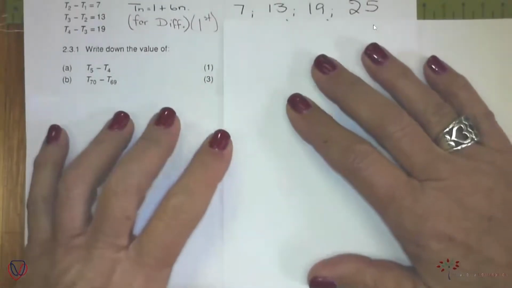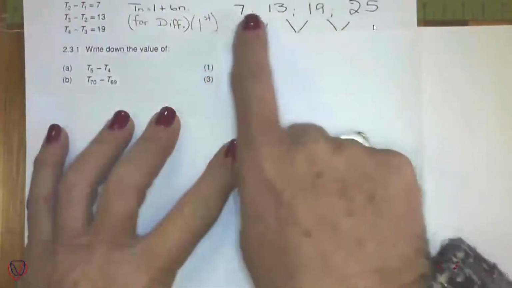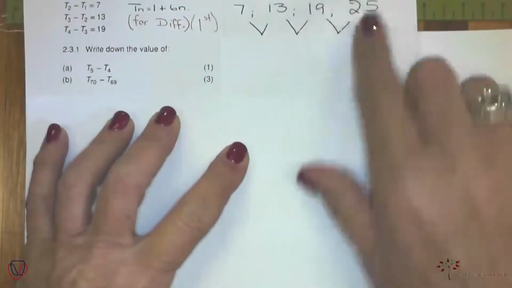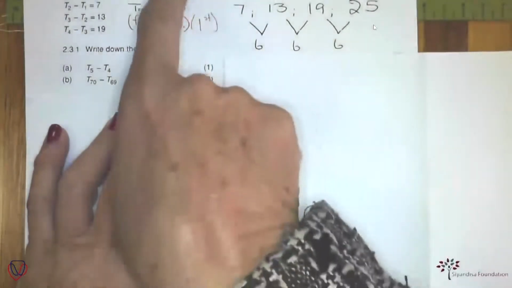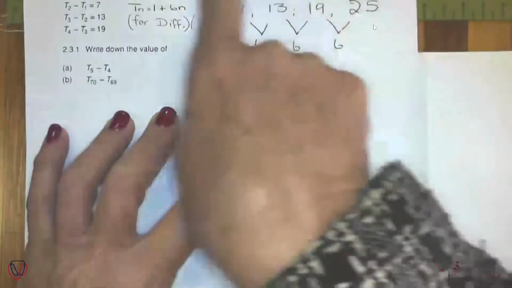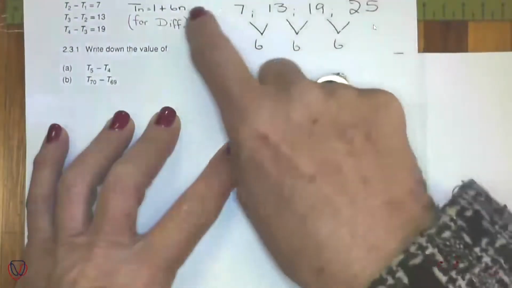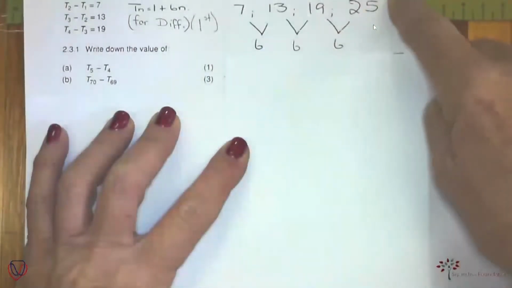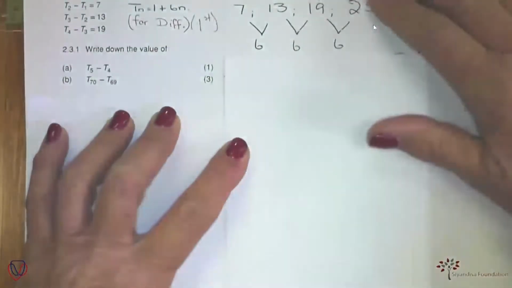T70 minus T69. I wrote down this first difference there. Then I wrote down the second difference there. We still don't know what the pattern there should look like. The initial sequence. So we're going to write down the first difference and the second difference.